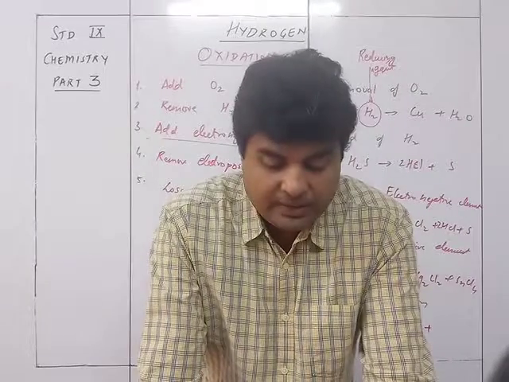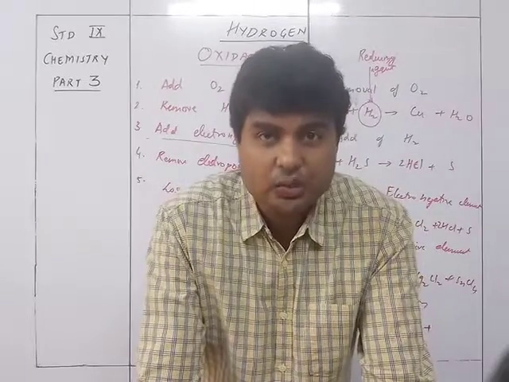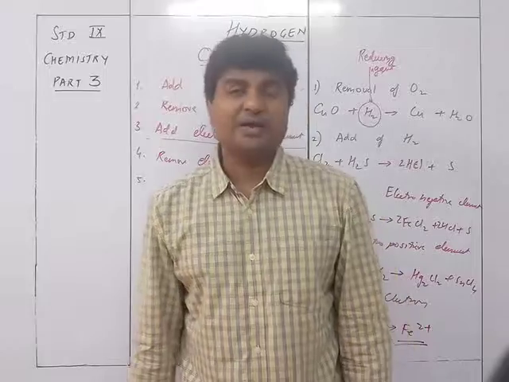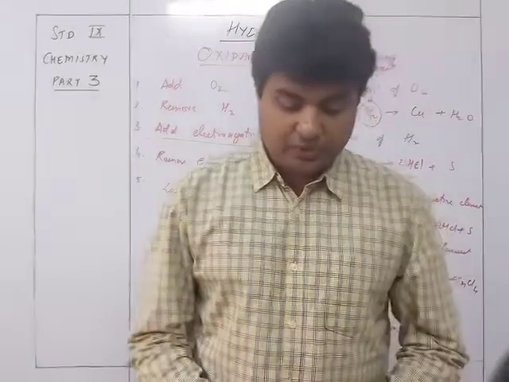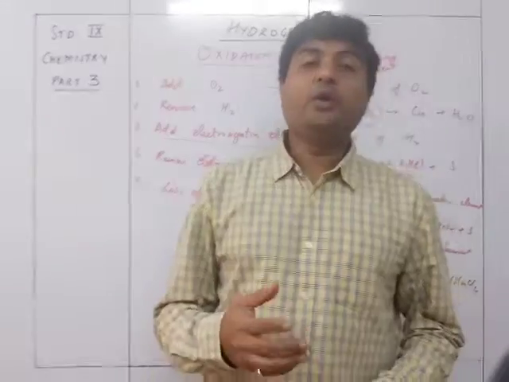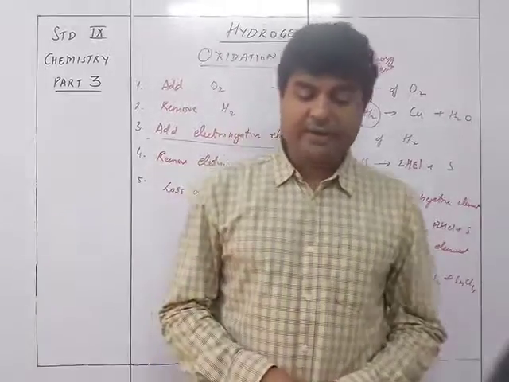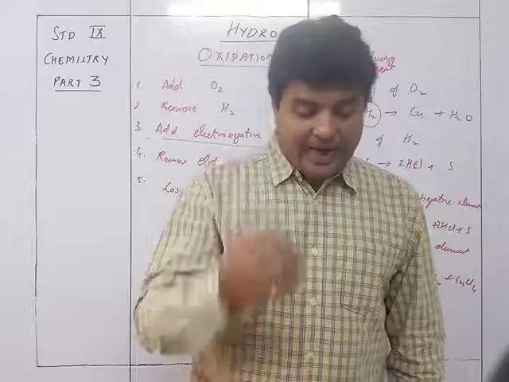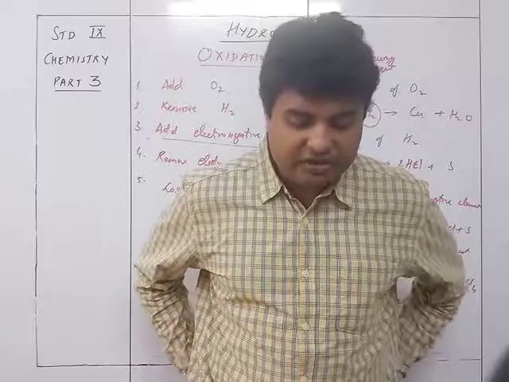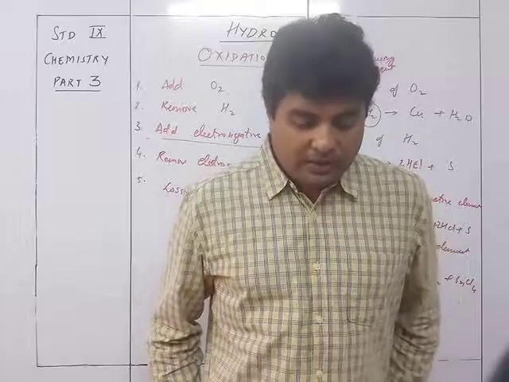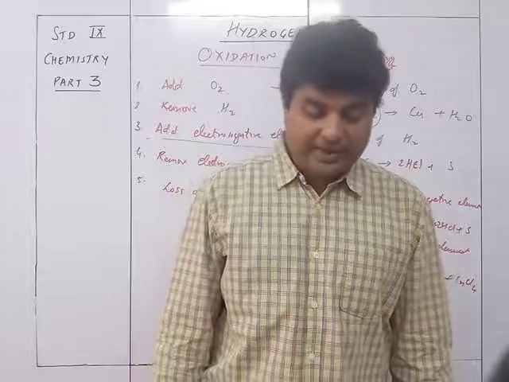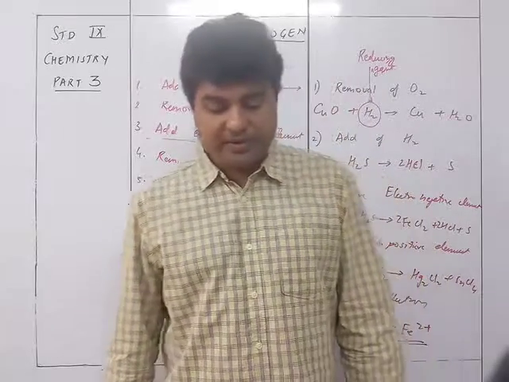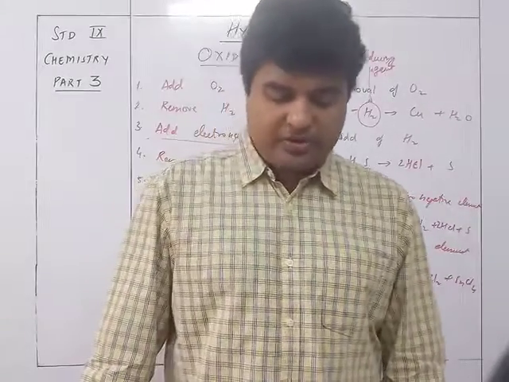So the observation over here will be the gas will be colorless gas which will be evolved, which will rekindle the glowing splinter, or it will liberate chlorine on heating with concentrated HCl, or it will react with KBr solution to give you reddish color due to liberated bromine, and KI solution to give yellow brown color due to liberation of iodine.